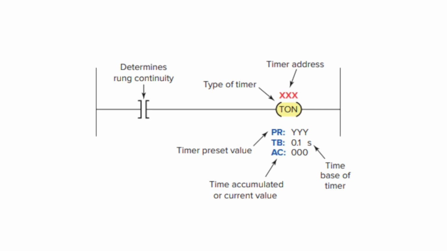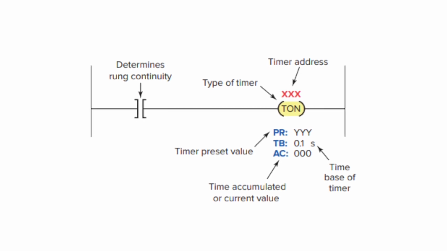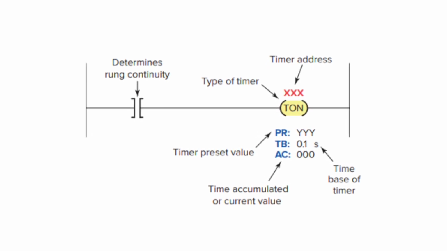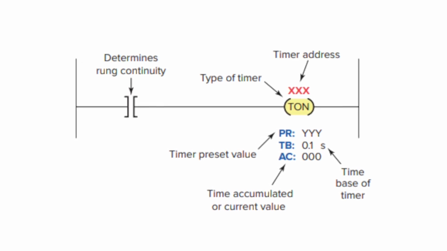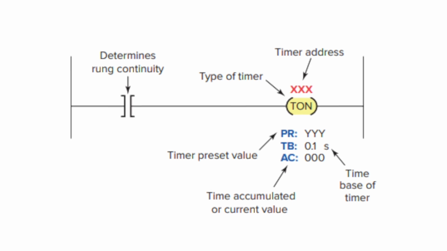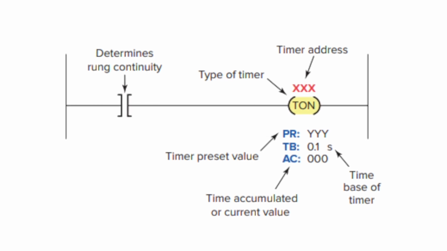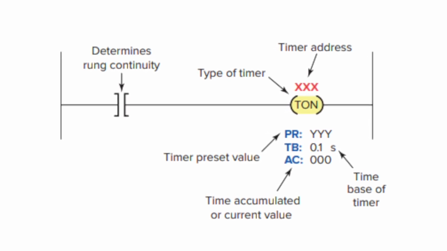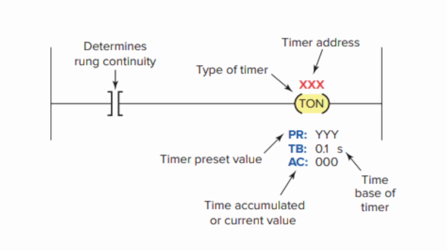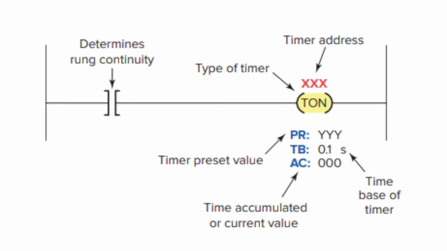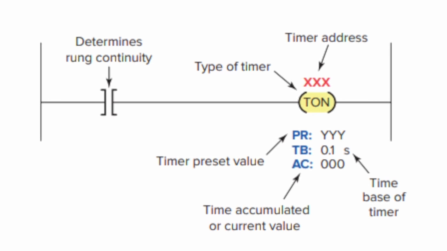In the figure you can also see the TON timer with the three values PR, TB and AC. PR represents the timer preset value, TB is the time base of the timer, and AC represents the accumulated value, and the timer address is represented by XSX, for example.